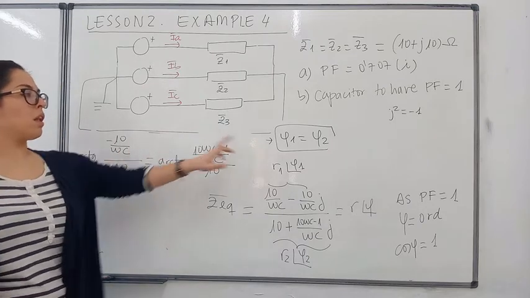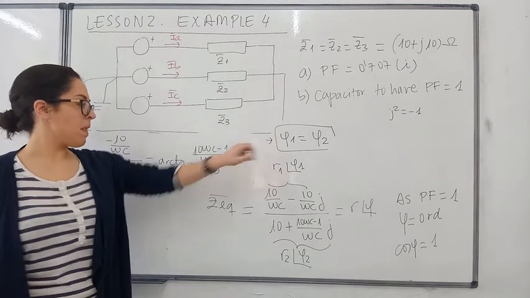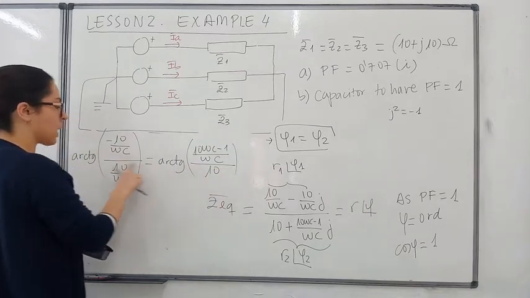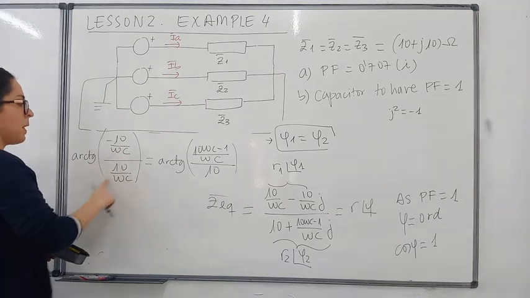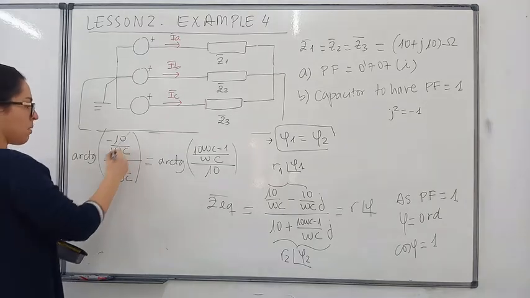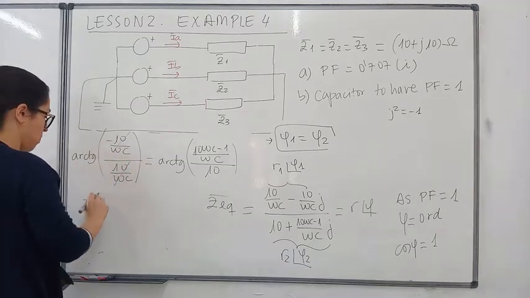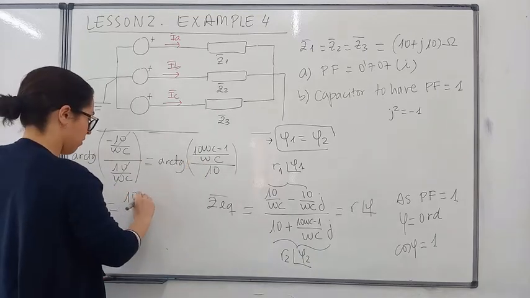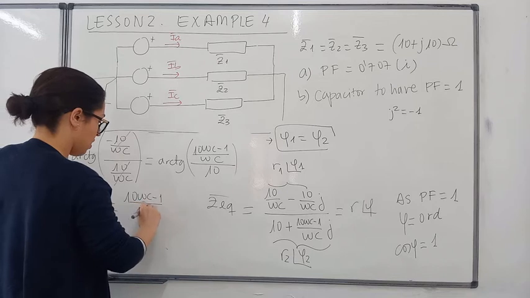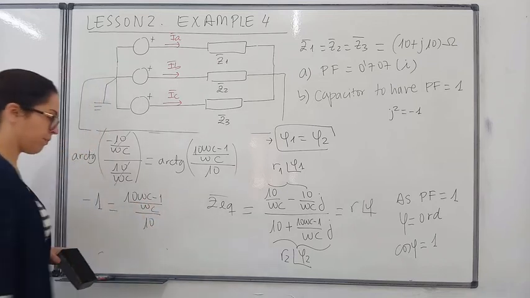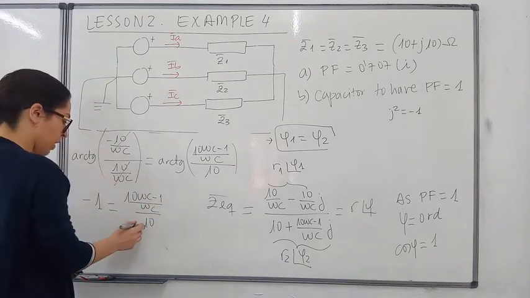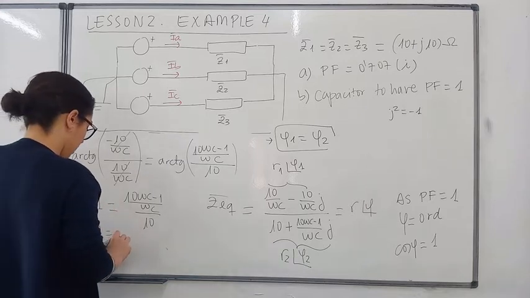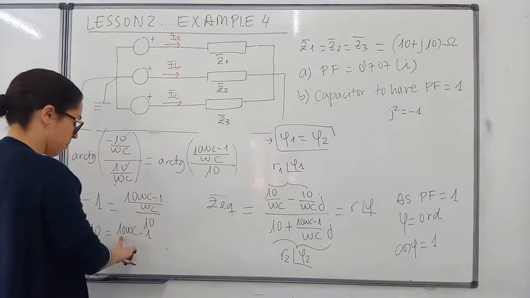As both angles are the same, let's say that the arguments of these two arctangents are equal. Here in this part, as you can imagine, the result is minus 1. And in this other part, I have this divided by 10.